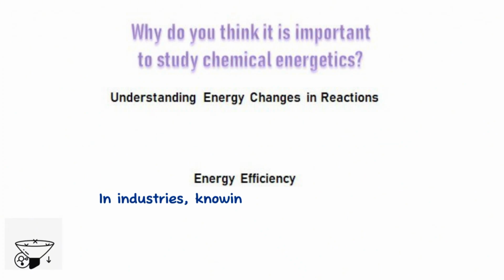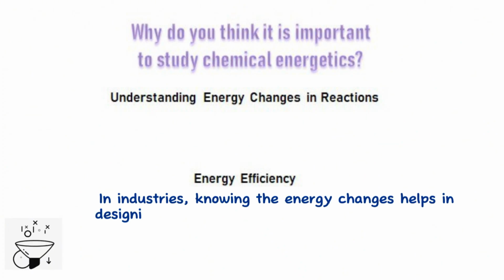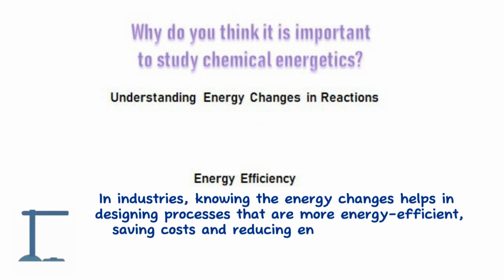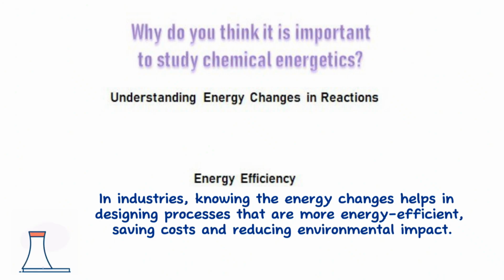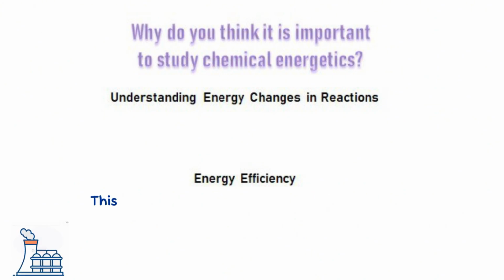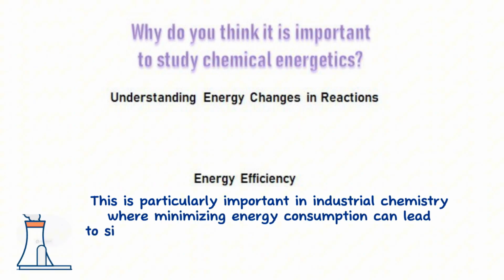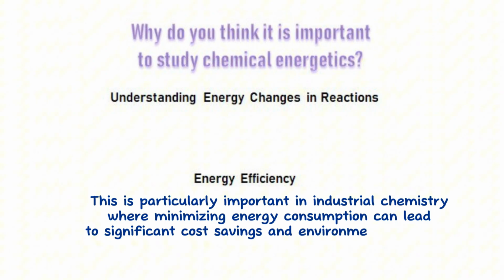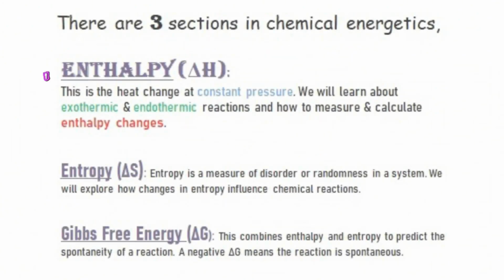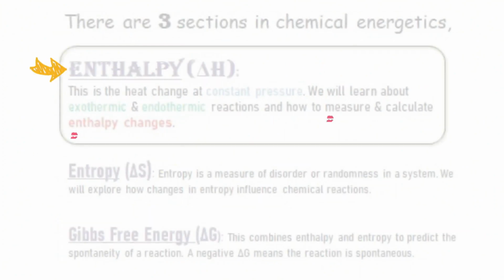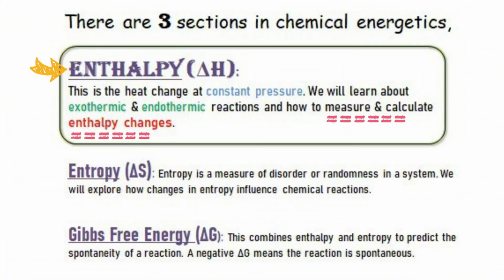In industry, knowing the energy changes helps in designing processes that are more energy efficient, saving costs and reducing environmental impact. This is particularly important in industrial chemistry, where minimizing energy consumption can lead to significant cost savings and environmental benefits. There are 3 sections in chemical energetics, however, only enthalpy is in the STPM syllabus.